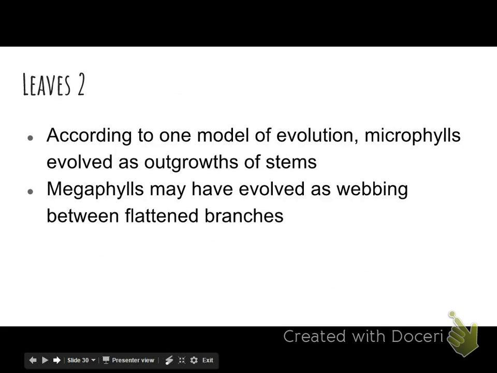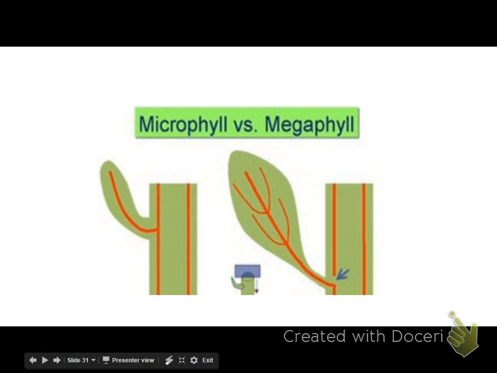According to one model of evolution, microphylls evolved as outgrowths of the stem, and megaphylls may have evolved as webbing between flattened branches. So this would be your microphyll right here, just one single vein, and this would be a megaphyll with all the branches.